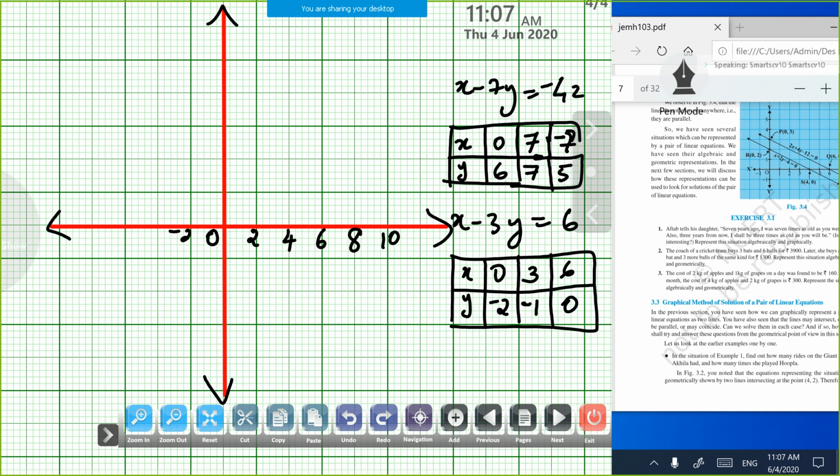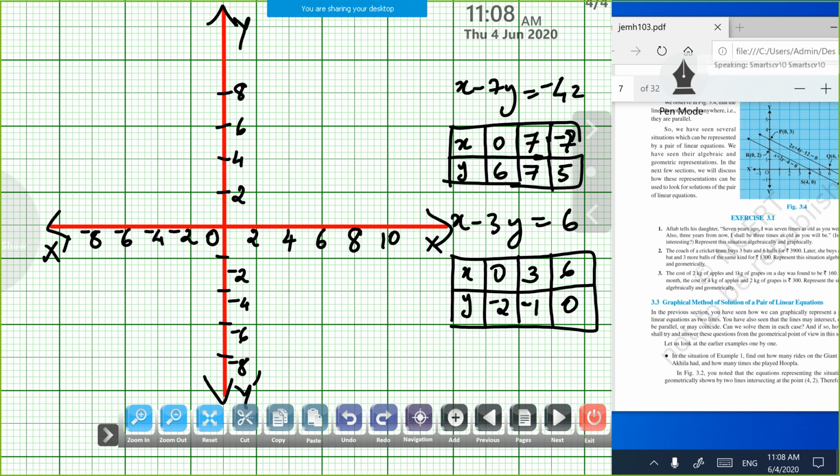Here minus 2, minus 4, minus 6, minus 8. On the y axis also 2, 4, 6, 8 and minus 2, minus 4, minus 6, minus 8. Then mark x, x dash, y, y dash. Draw the graph like this.